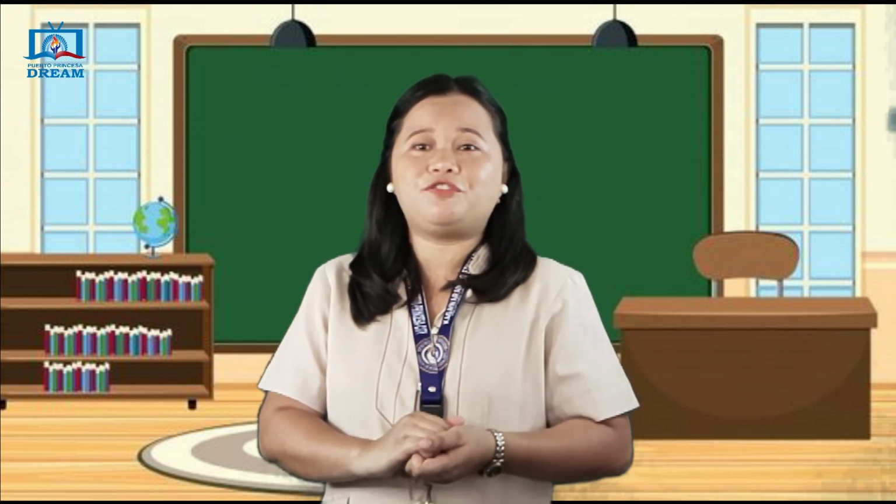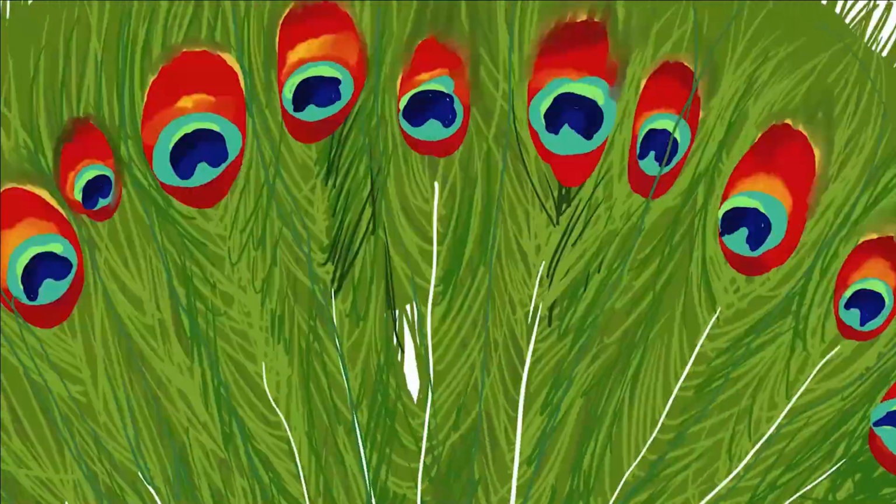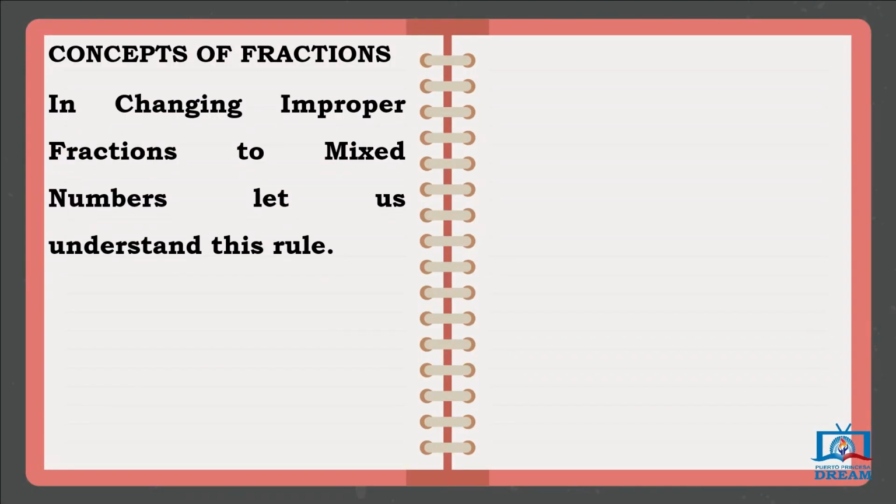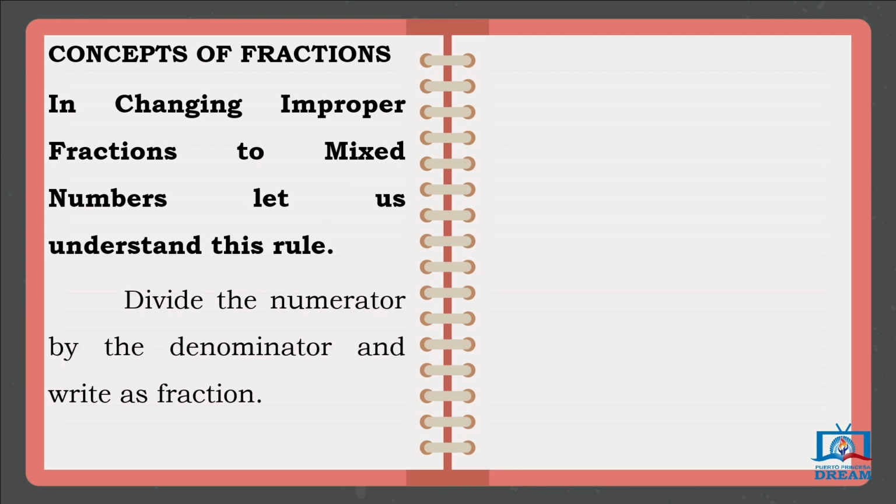Let us start with the review on the concepts of fractions and percent. Concepts of fractions. In changing improper fractions to mixed numbers, let us understand this rule. Divide the numerator by the denominator and write as fraction. Examples: 31/13 is equal to 2 and 5/13.